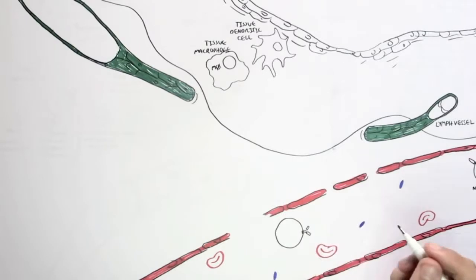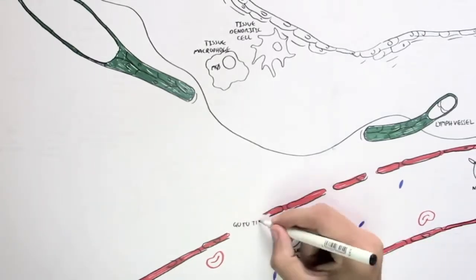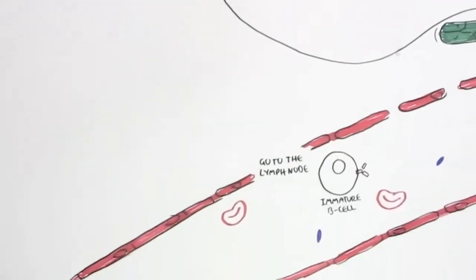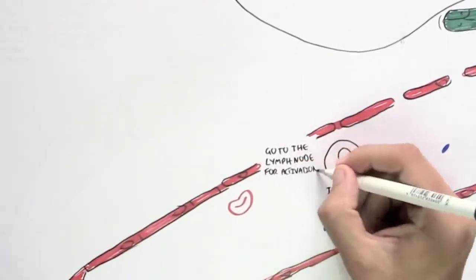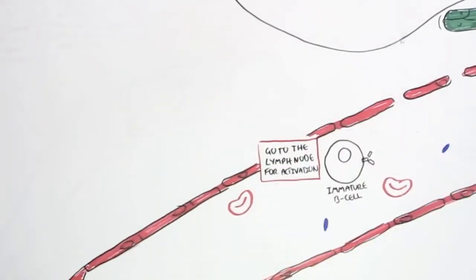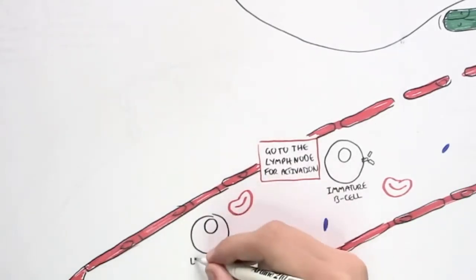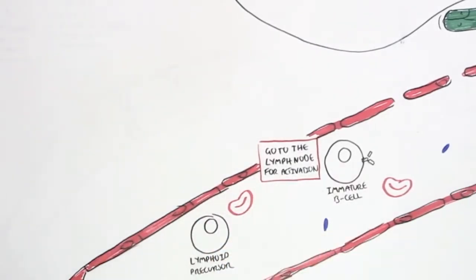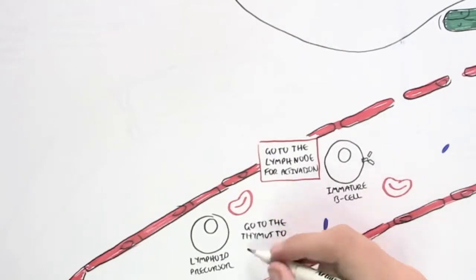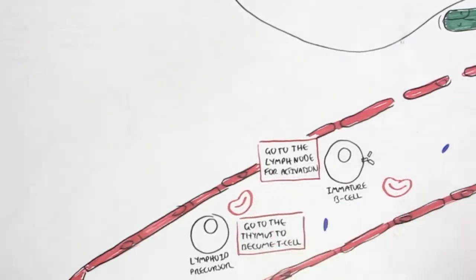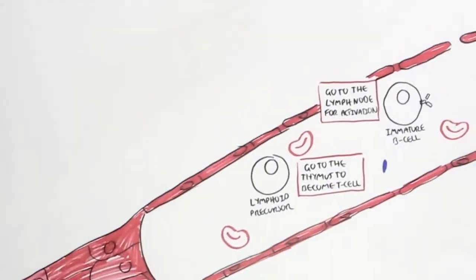But in an immature form, the B cell, for example, will circulate in the blood vessel and will go to the lymph node first for activation. Similarly, the lymphoid precursor will float through the blood vessel and go into the thymus to become different types of leukocytes, particularly T cells.